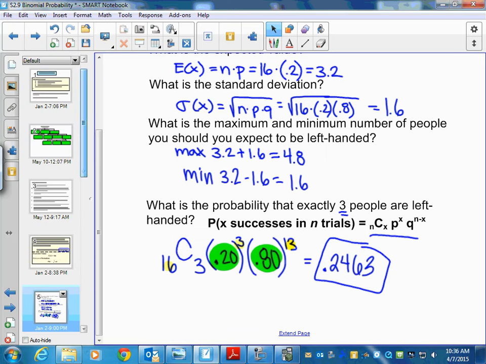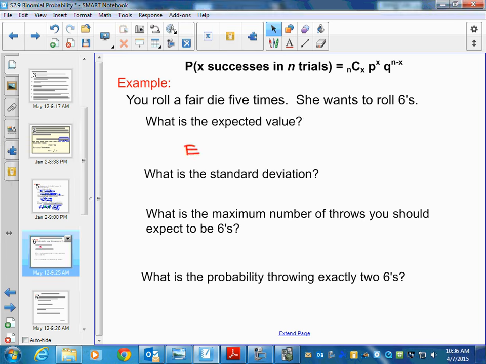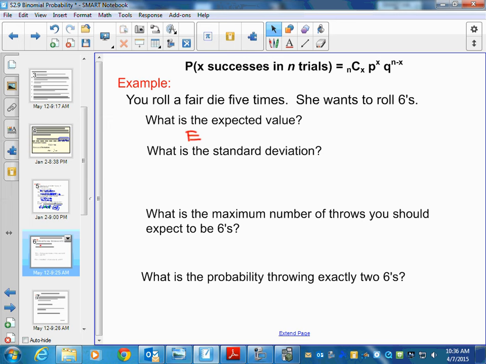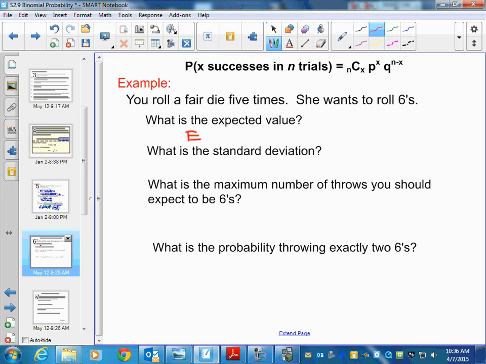So the next one is this one. So you roll a fair die 5 times. If I remember correctly, when we did expected value, let me move some of this stuff up. There we go. So when we did expected value, our answer for this yesterday was 0.833.